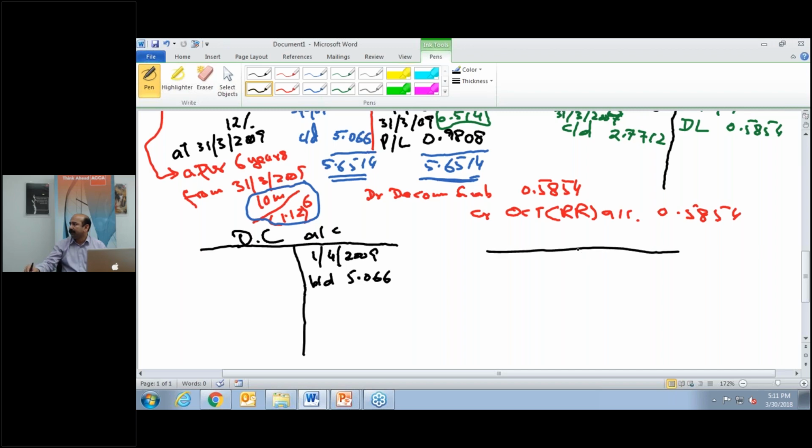And in case of revaluation reserve, on 1st April 2009, as we can see from the top, it is 2.7712. Okay, now go back to the question.